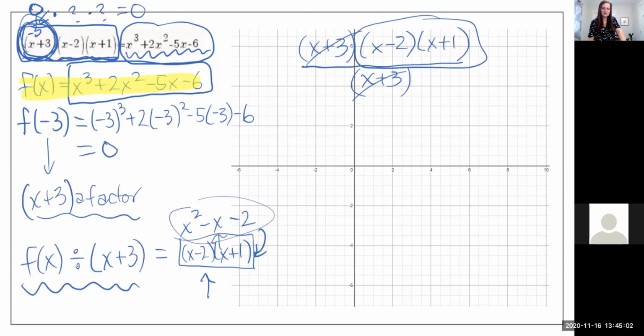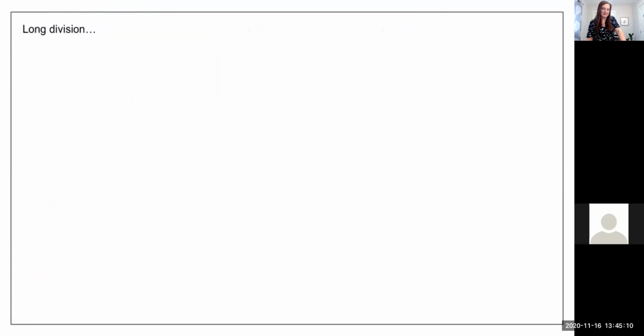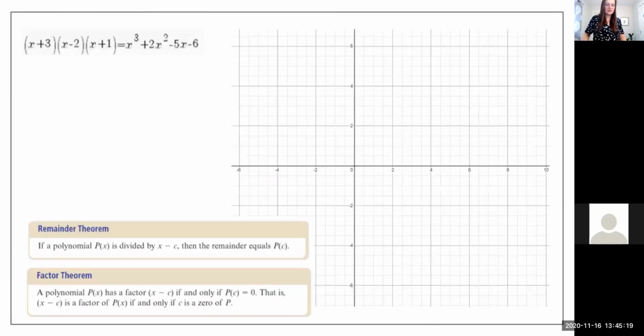And this is something that you would have done in previous courses, but maybe we need a bit of a reminder. There is a video online that'll show you this in detail, but essentially if we want to get from here to here, we're going to need to take this and divide it by one of those things once we know what it is.